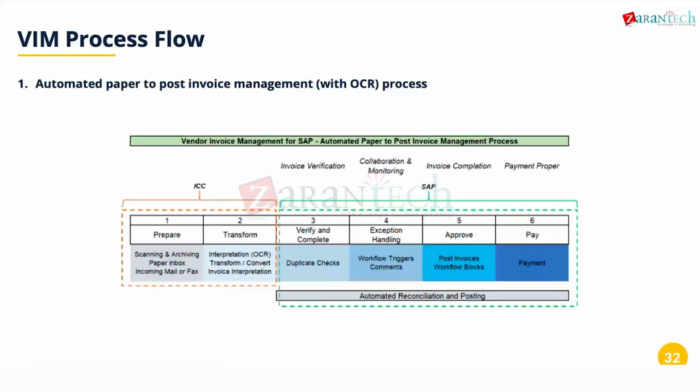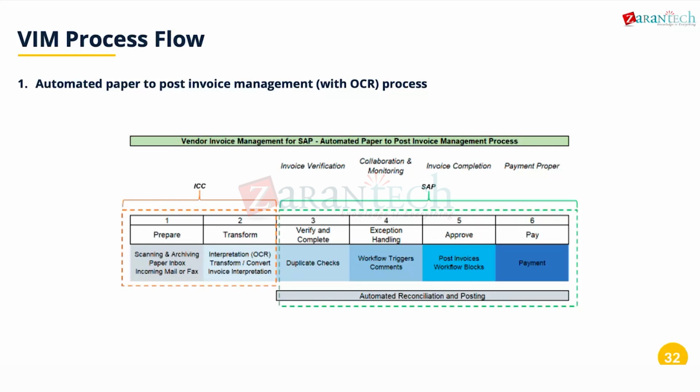Okay. Now this is where I've been talking about what a BC or ICC or SAP is, how the overall solution is split into two things process-wise. This is the slide we talk about at large. Now, if you see here, it is split into 6 steps: prepare, transform, verify and complete, exception handling, approve, and pay.